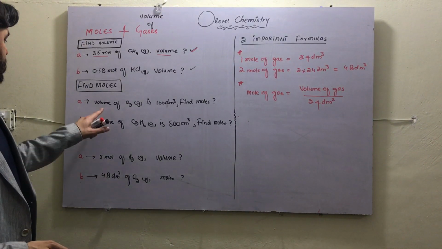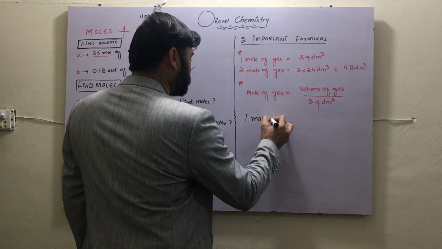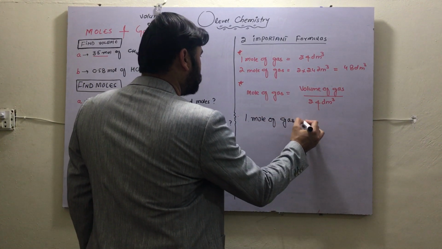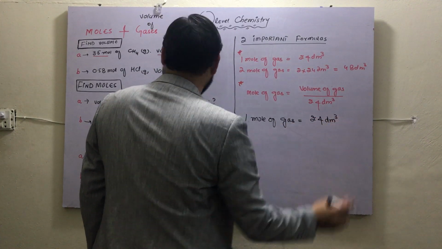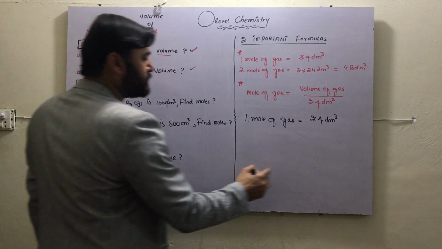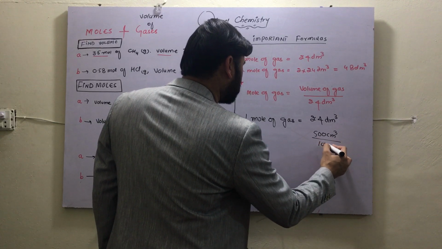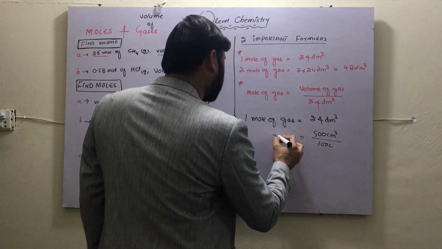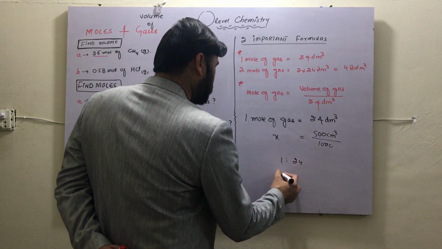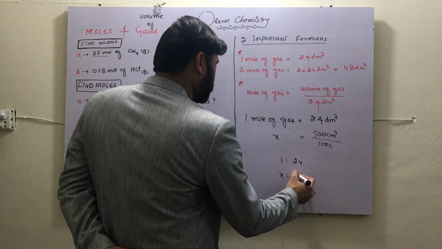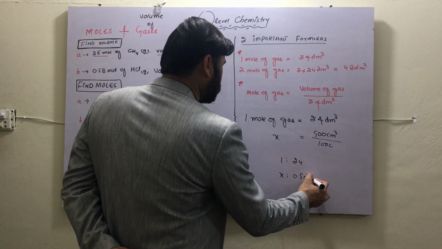Now how can we solve this question? So 1 mole of gas is equal to, the same formula we are applying, that is 24 dm cube. So 500 centimeter cube, first divide it by 1000, will occupy X. Just cross multiply, 1 ratio 24, X ratio that will be 0.5 dm cube.